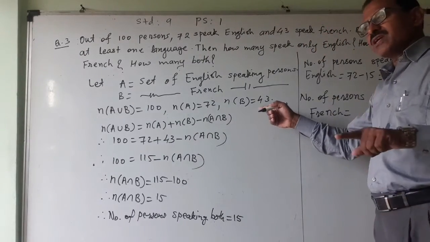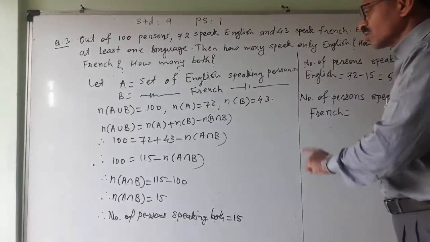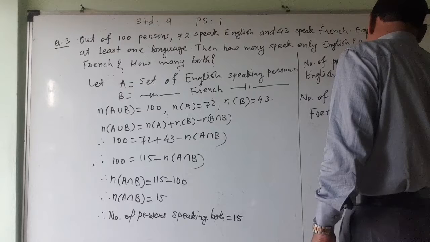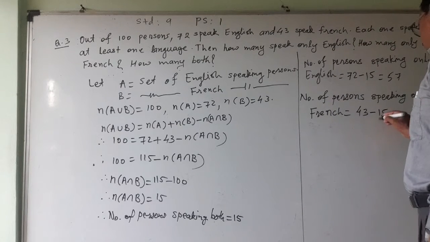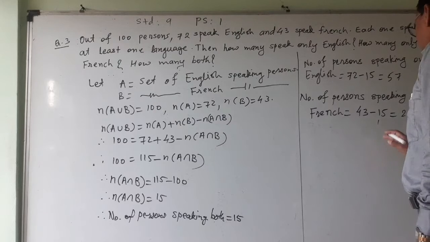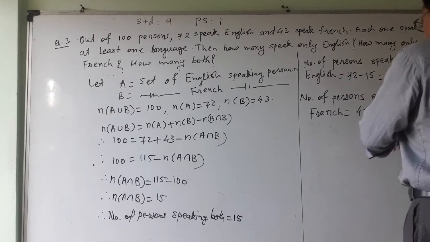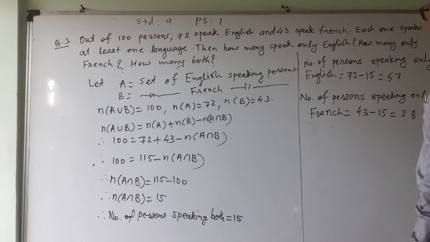They are speaking French, but in that there are some who are speaking English also. That I have to subtract. So 43 minus 15, and that is equal to 28. See now the total: this 28 plus 57 plus that 15, that will be 100.